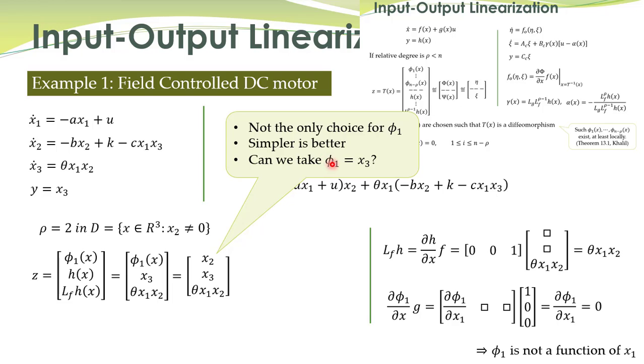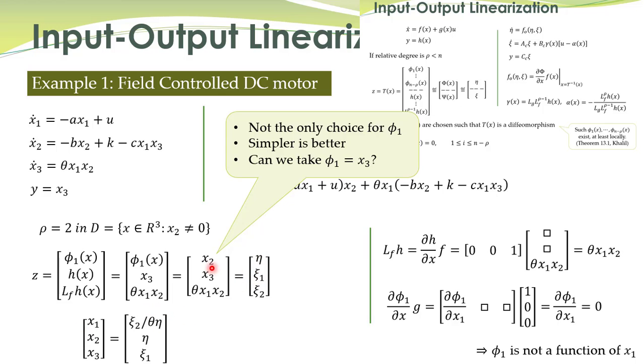Likewise, if I take phi 1 to be equal to 0 or some constant, again it will not be a diffeomorphism. So it must be a diffeomorphism. We can verify that this particular choice is a correct choice because this state transformation will be a diffeomorphism. Again we define similar new variables xi1, xi2 and eta, and we find the inverse transformation, and we see that the inverse transformation exists.